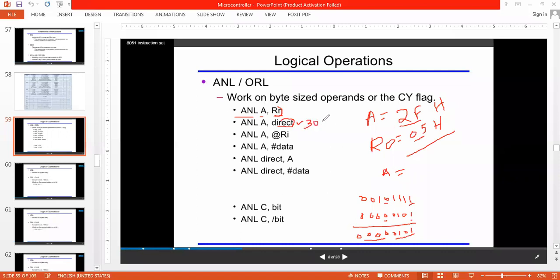Now consider that in the 30H memory location, the data 1F is stored. So ANL A comma the value of 30H, and the value of 30H is 1F. Now tell me what is the new value of A?